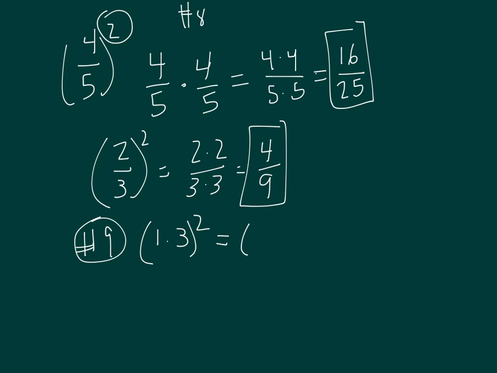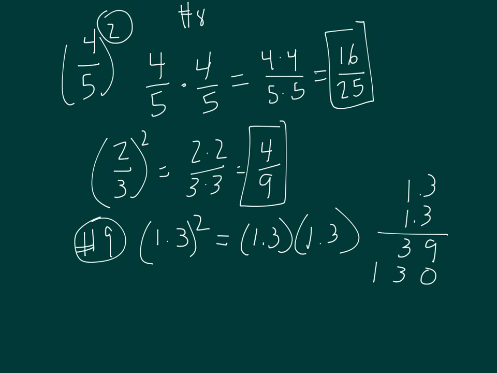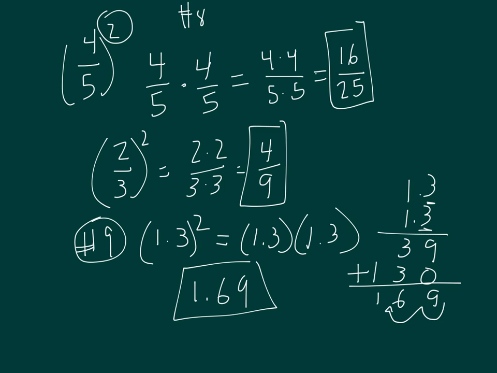So this is the same as saying 1.3 times 1.3, which if you set that up the long way here, 3 times 3 is 9, 3 times 1 is 3, put a 0 here, we get 1 times 13 is 13, add those up, I get 169. There are 2 decimal places in this multiplying, so I need to move the decimal over 2 for the answer. That works out to be 1.69 for the answer on number 9.